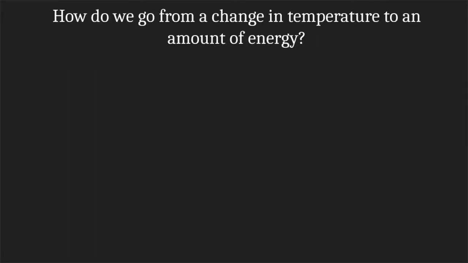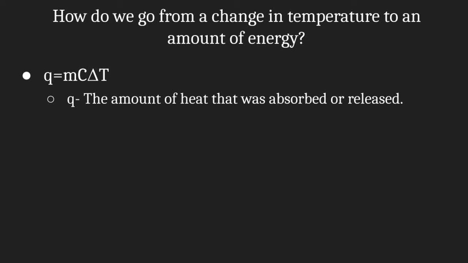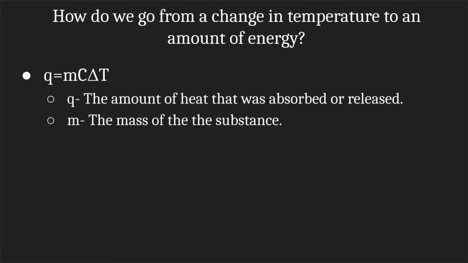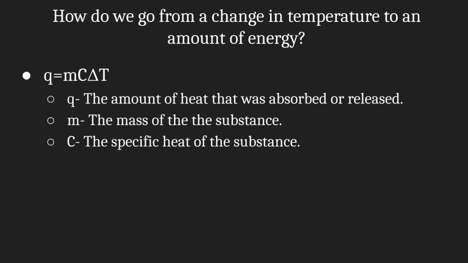That equation is Q equals mc delta T, where Q is the amount of heat that was absorbed or released. If heat was absorbed, Q is going to be positive, and if heat was released, Q is going to be negative. M will be the mass of the substance. C is the specific heat of the substance.